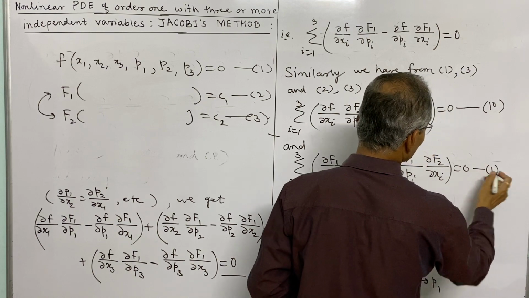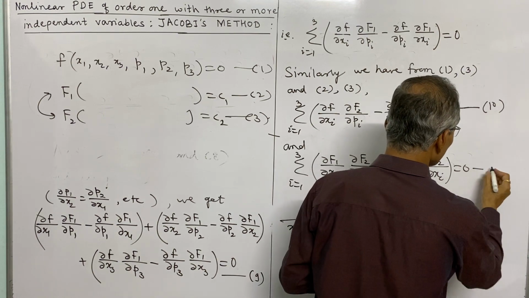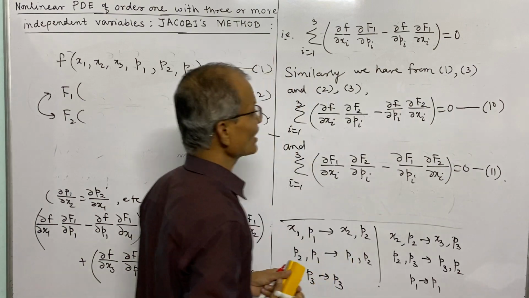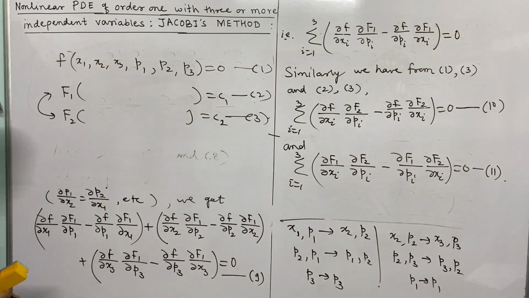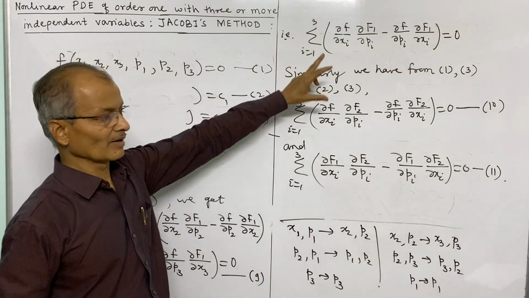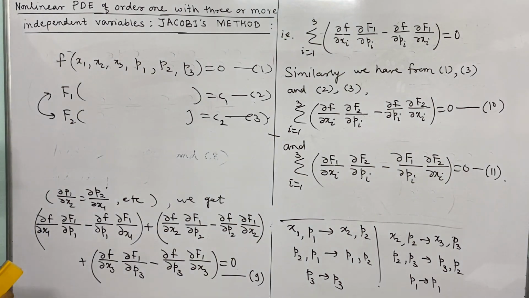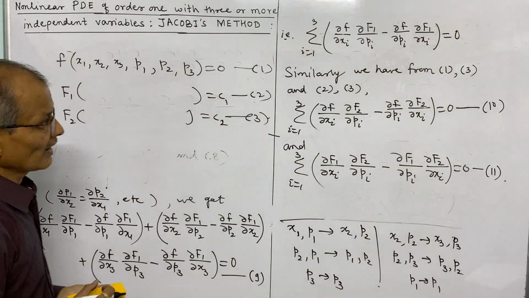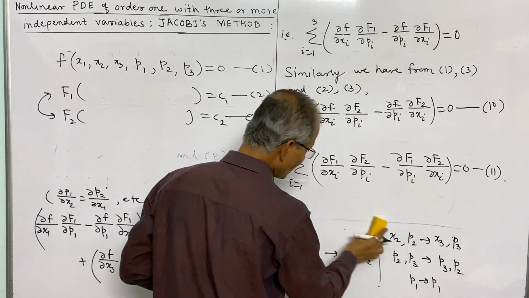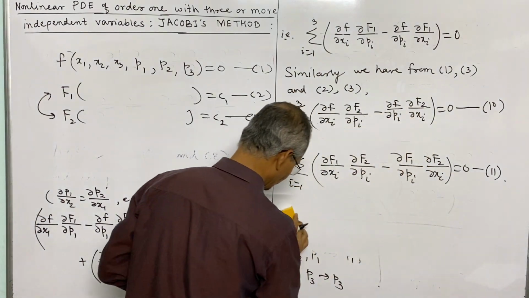So this is 11. So thus we have obtained equations 9, 10 and 11. 9 is the same in brief form, this one. And from these 9, 10 and 11 we will get the values of F1 and F2.